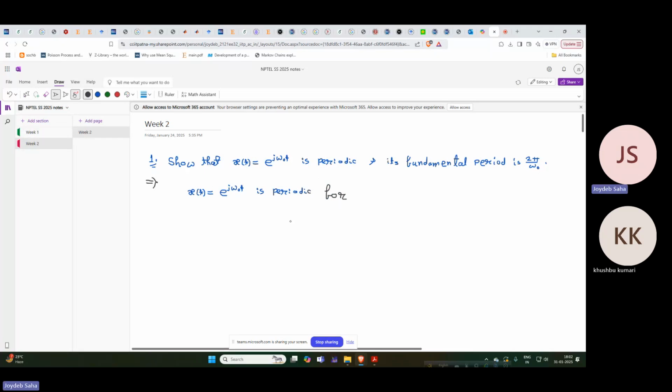for, or rather we can write, if e to the power j omega 0 (t plus capital T) is equal to e to the power j omega 0 small t.